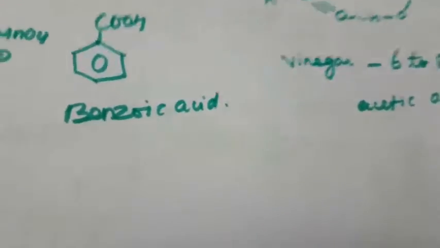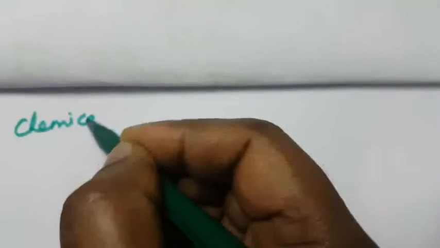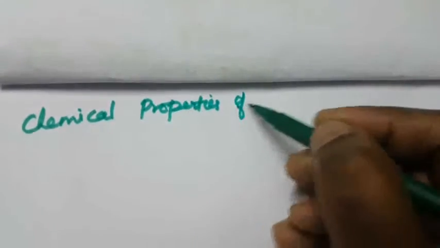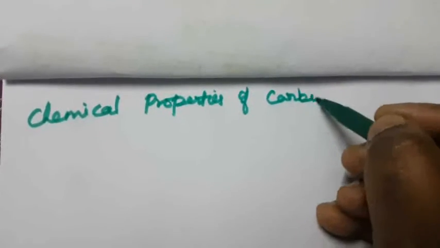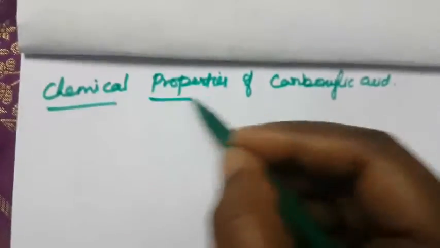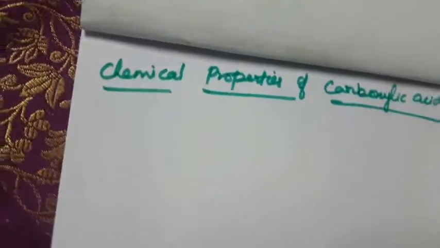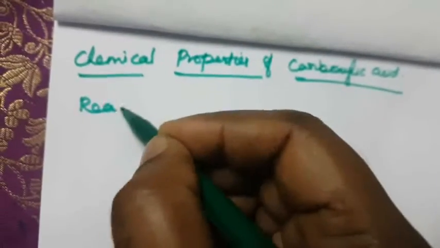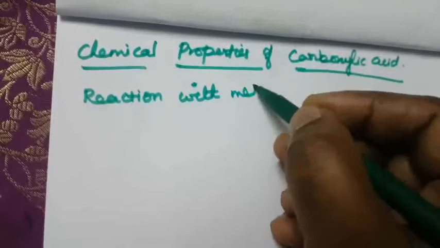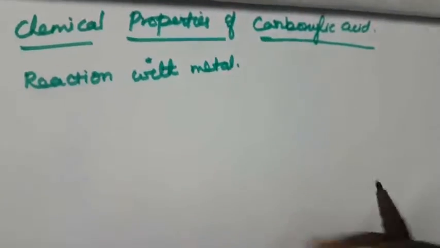Next we are going to see the chemical properties of carboxylic acid. First one is reaction with metal. Metal means sodium.